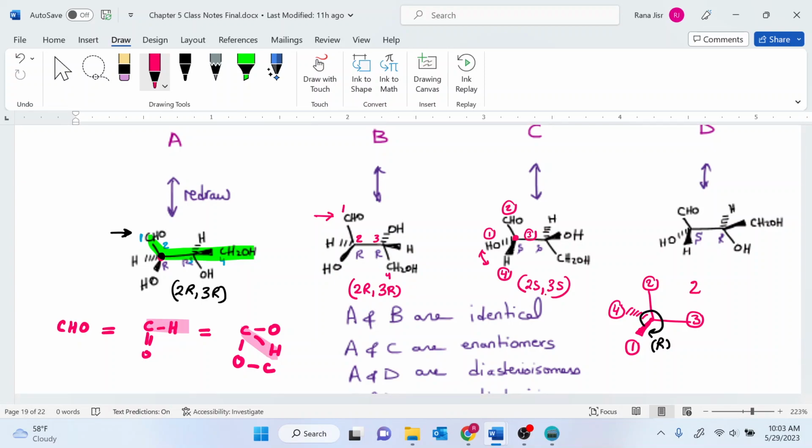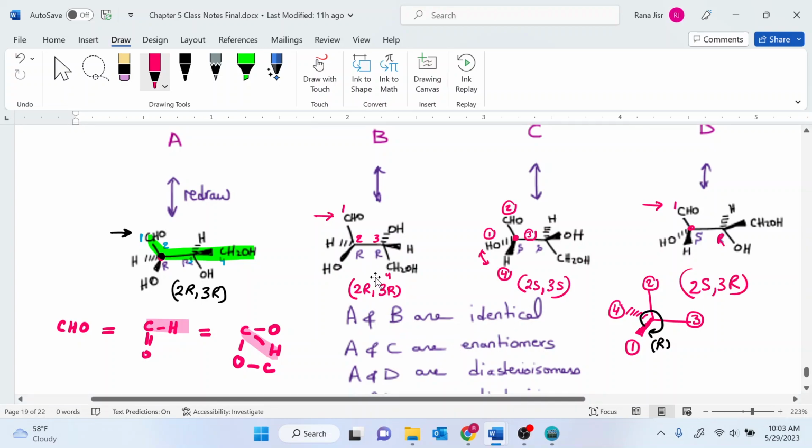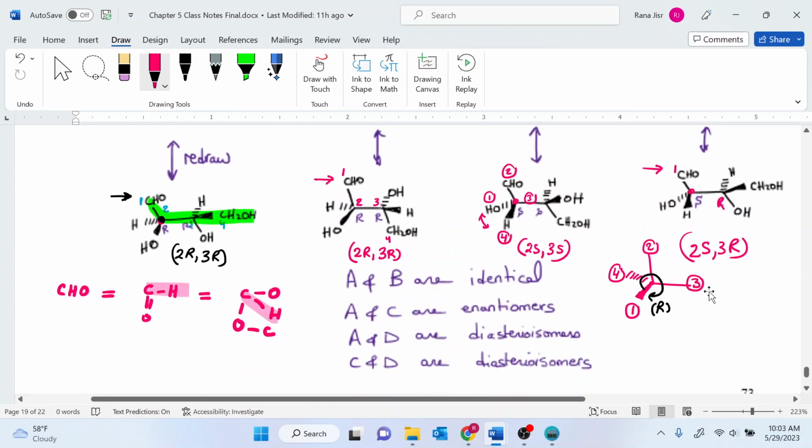And for D, I'm starting from here as 1, carbon number 2 is S, and carbon number 3 is an R, and I can see that B and D are diastereoisomers. Also, I have C and D. They are also diastereoisomers because they differ in one chiral center.